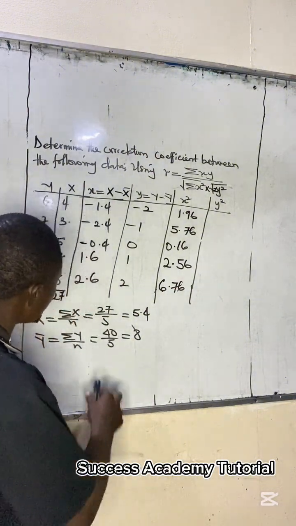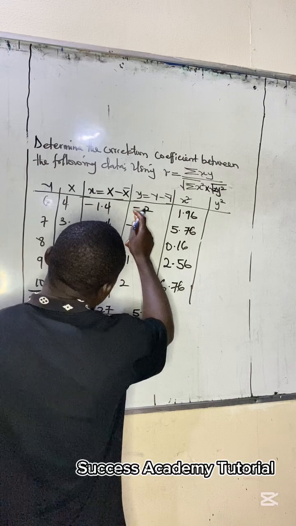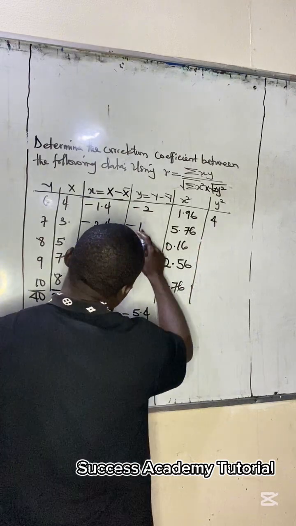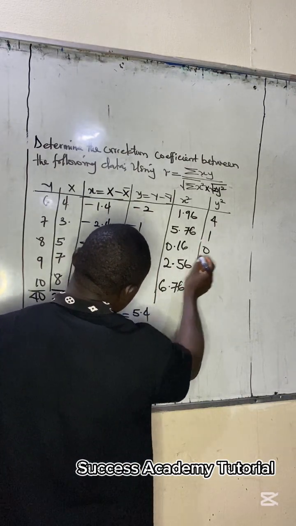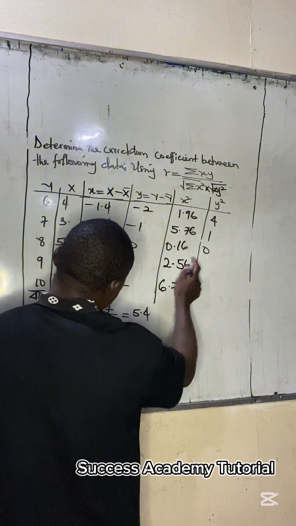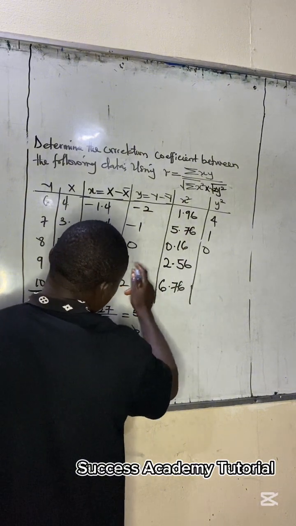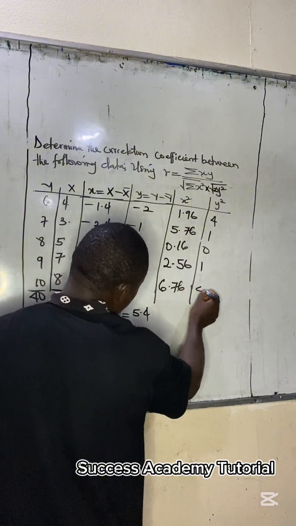Don't forget, we are going to square the y values also: minus 2 squared is 4, this is 1, 0, 1, and 4.